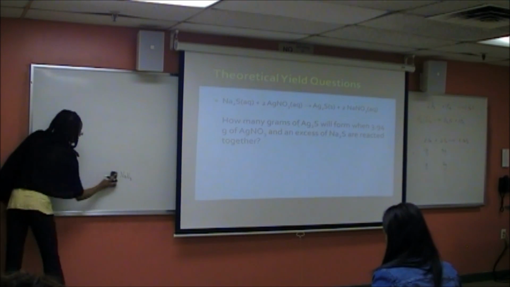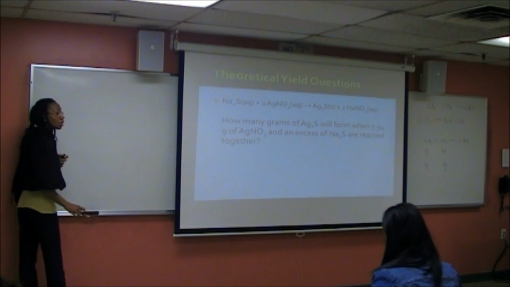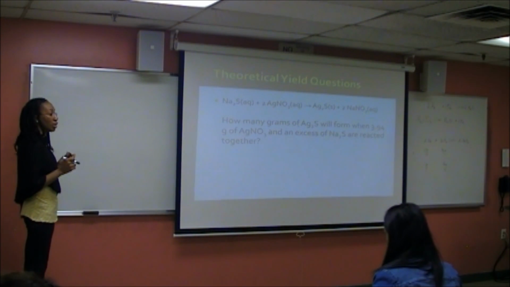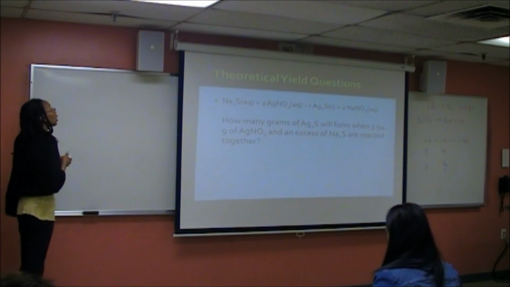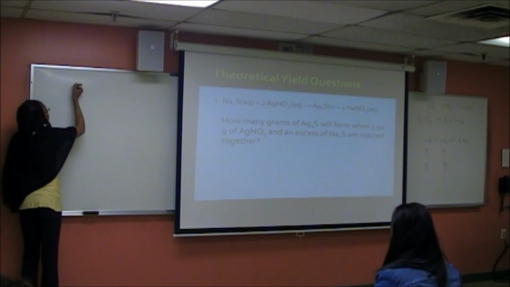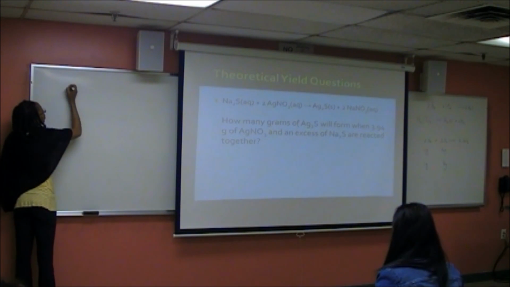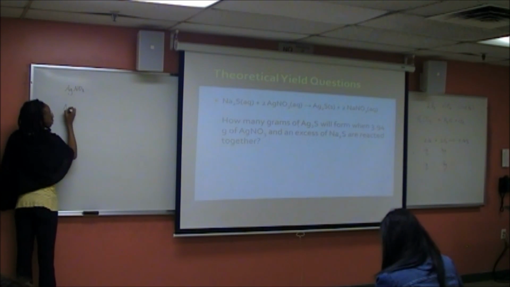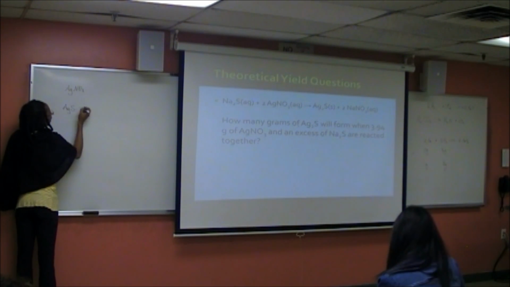I have a question. You know how you multiply everything by the coefficient? The question is only asking for certain compounds. You just multiply those certain compounds? Yes. Okay? So who are we interested in? Silver nitrate and silver sulfide.